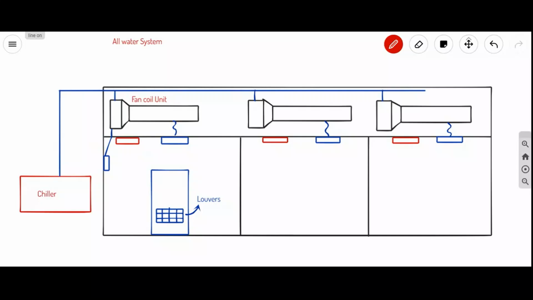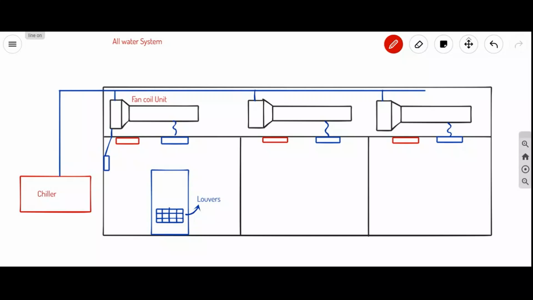Here you are not supplying any air from outside; we are recirculating the same room air. To cool the room, we supply water from outside, so it is called an all water system. Yesterday we supplied completely air from outside, so it is called an all air system.